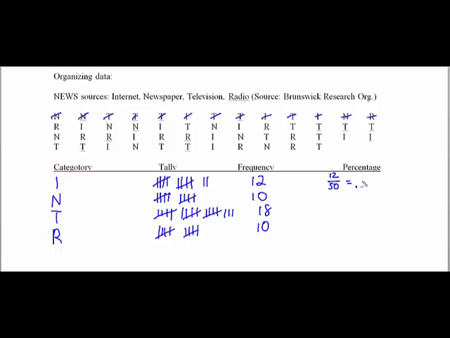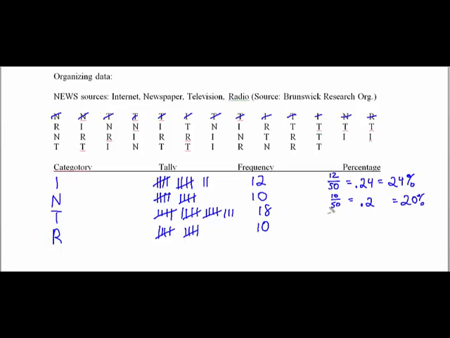Dividing these two on the calculator would give me a decimal of 0.24, or moving the decimal 2 spaces to the right, 24%. 10 out of 50 would be on a calculator 0.2, which is not to be confused with 2%. That's actually 0.20, and that would be then 20%.